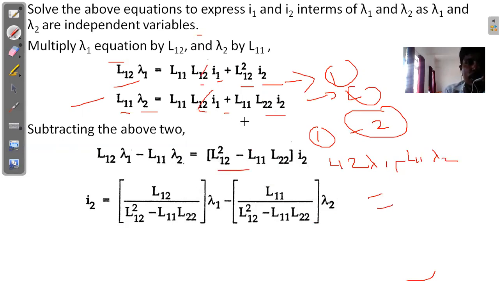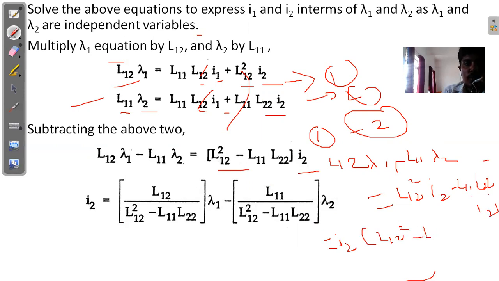So we get the answer equal to L12 square into I2 minus L11 L22 into I2. So from this, take I2 as common and take it outside. So we get L12 square minus L11 L22 here.